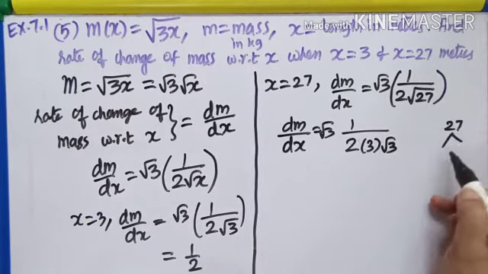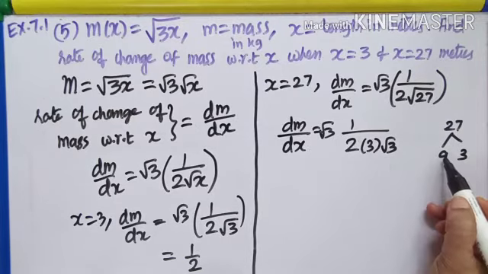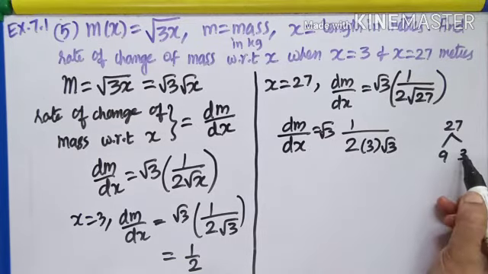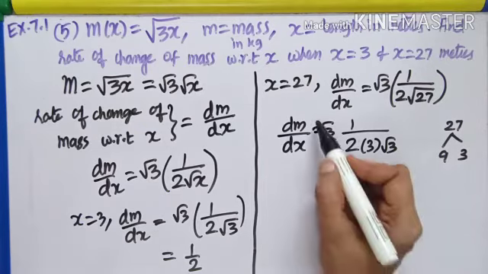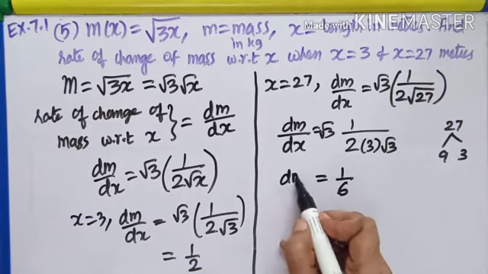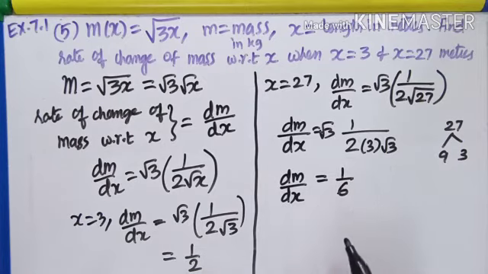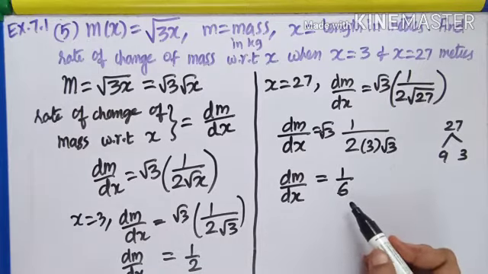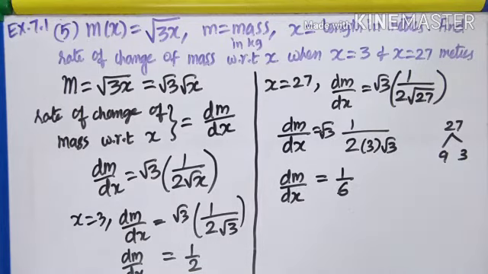So for 9 it is 3, for 3 we don't know, right? Root 3. So root 3 cancels and my answer is 1 by 6. So dm by dx equals 1 by 2 when it is 3 and 1 by 6 when it is 27.